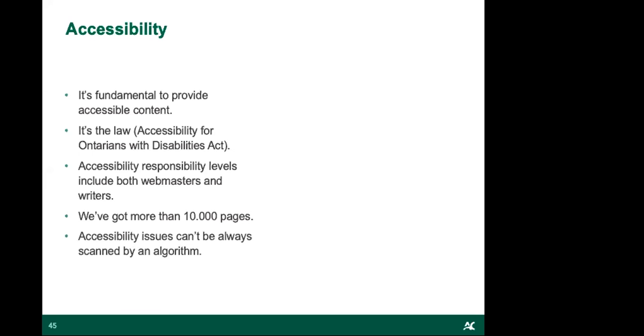We have a very good report that we get from Site Improve. It scans our website and gives us lots of accessibility issues that the web team fixes. But some issues can't be scanned at all, and those issues have to be kept in mind when we create a new page.